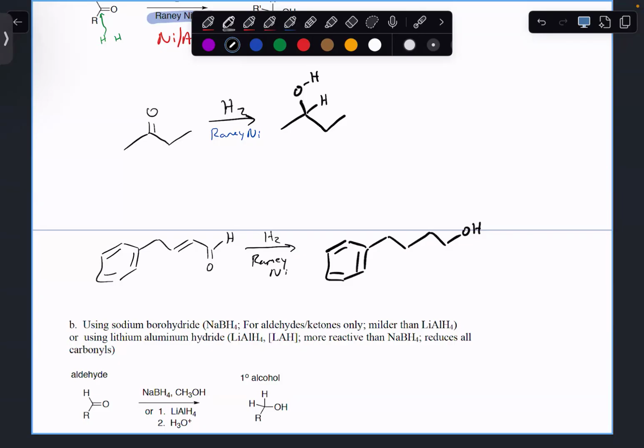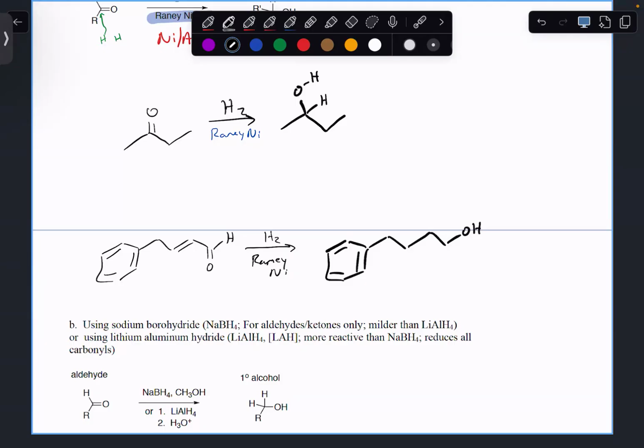Okay, so we're using Raney nickel, so that is going to certainly reduce the aldehyde. What about the alkene? Do we keep the double bond, the carbon-carbon double bond, or do we reduce that? Well, remember, carbonyls are harder to reduce than a CC double bond.